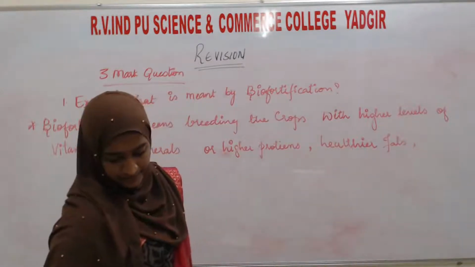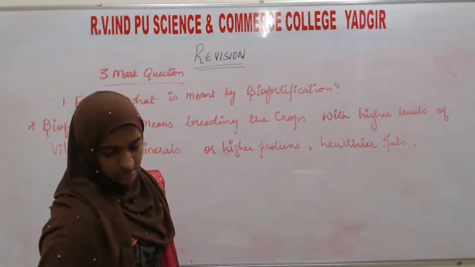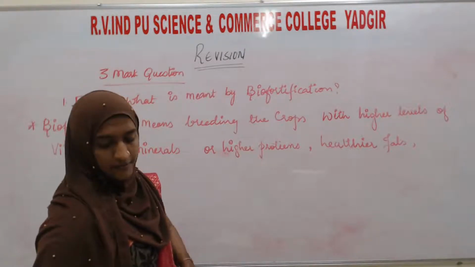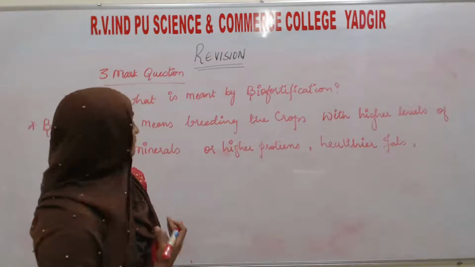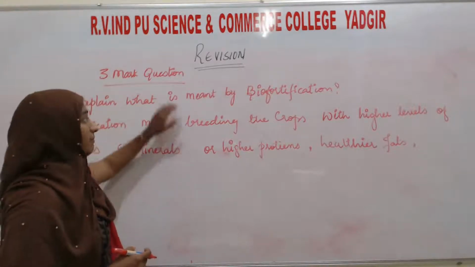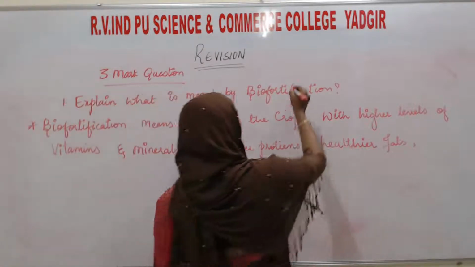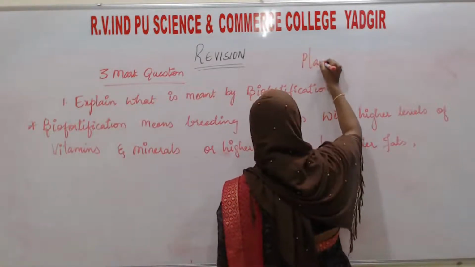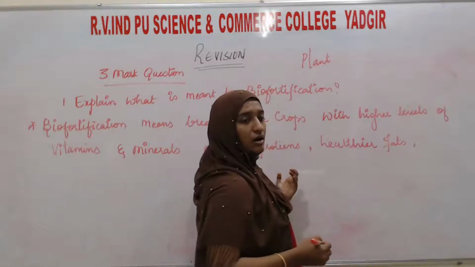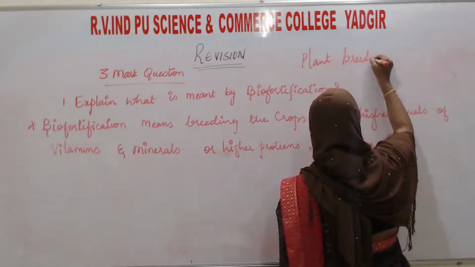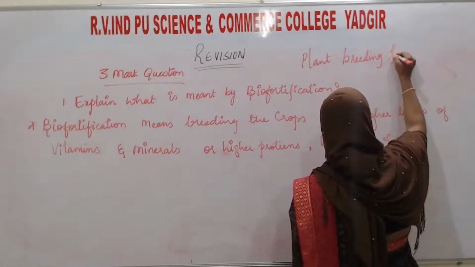The next here, it is the most practical means to improve the public health. Here, in which topic will it come? The term biofortification comes under plant breeding. It is one of the aspects of plant breeding for improved food quality.